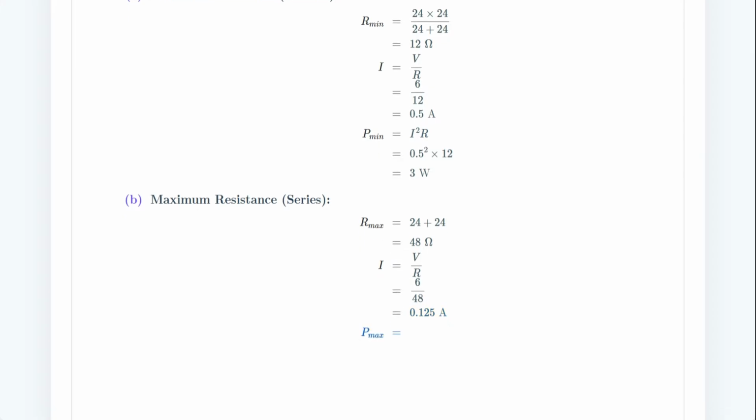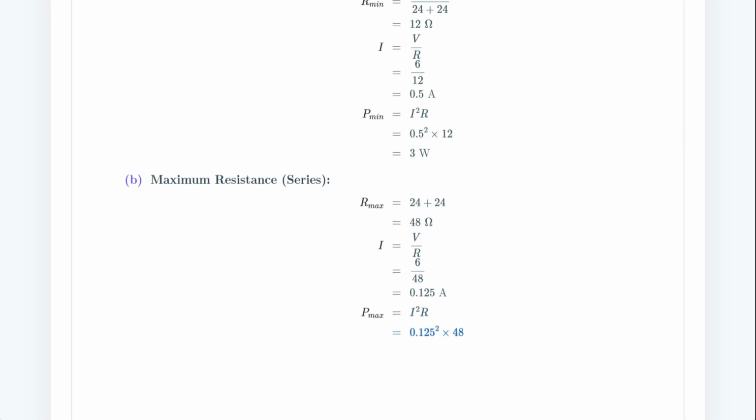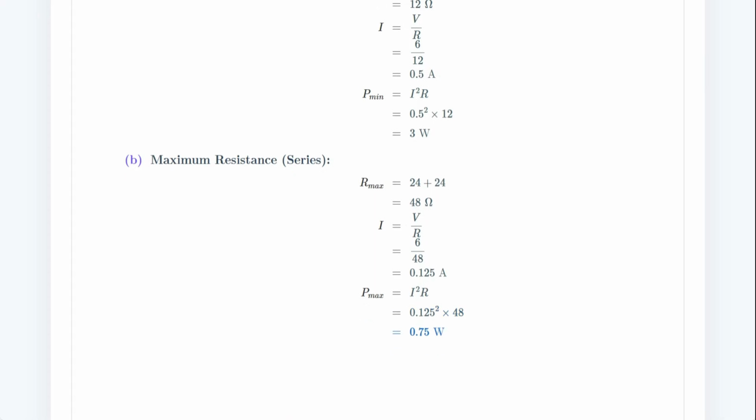So, the maximum power P max equals I squared R, which is 0.125 squared times 48, giving 0.75 watts.